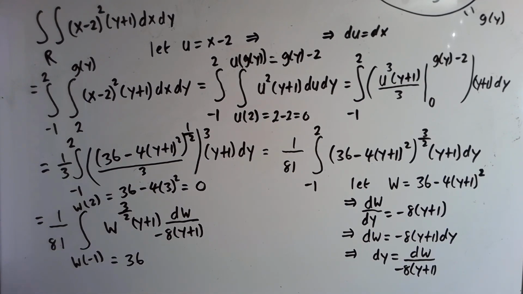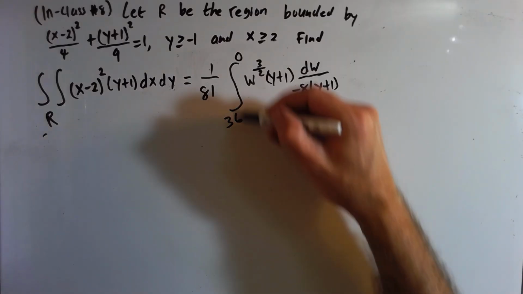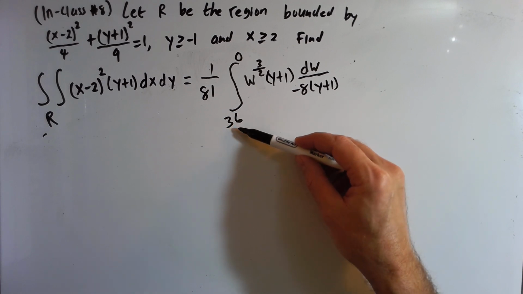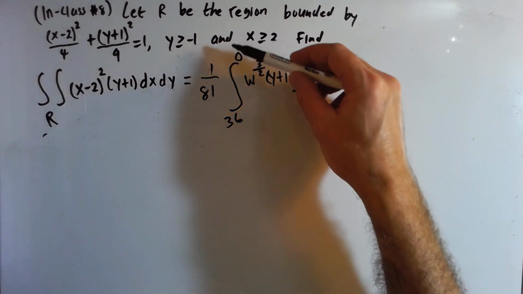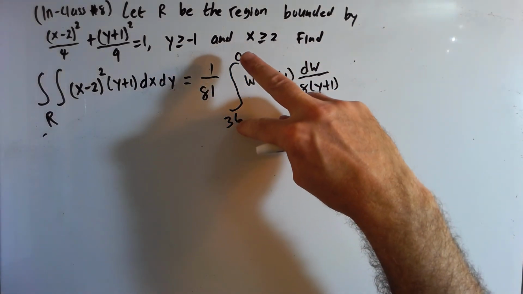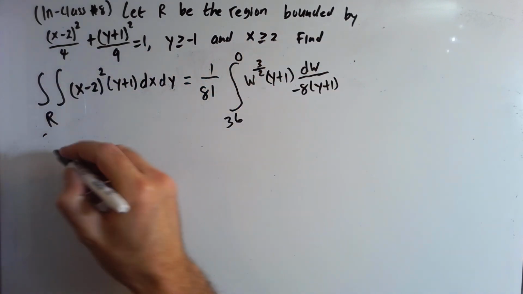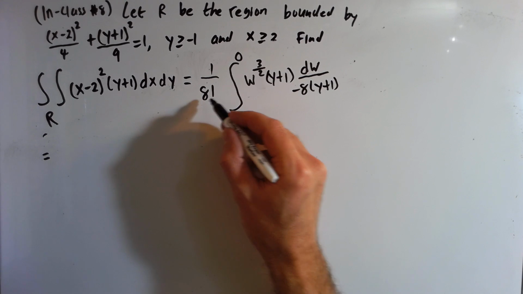Okay, so let me move things around. I'm out of space. Okay, so we're up here. Now, this has the 36 at the bottom and the 0 on top. Usually you write the bigger number on top. So by properties of integrals, if I switch those around, I'll introduce a minus sign. So let's do that. And that 8 can go out with the 81 here.